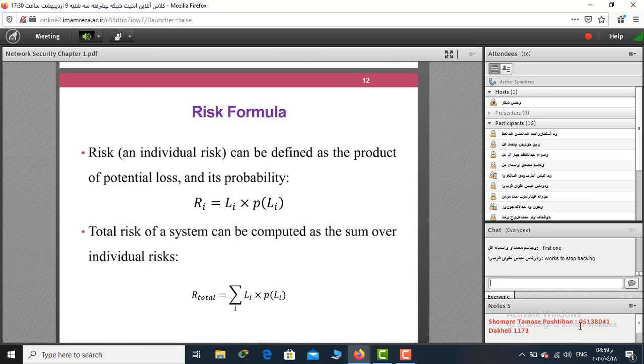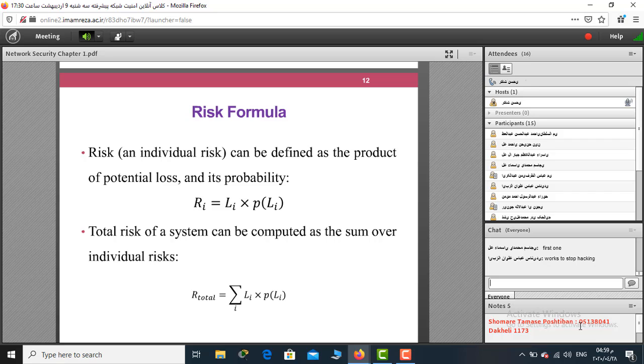Risk formula. Here we can see an equation or formula for the concept of risk. As I said, risk is composed of two concepts: the probability of loss and the value of loss.